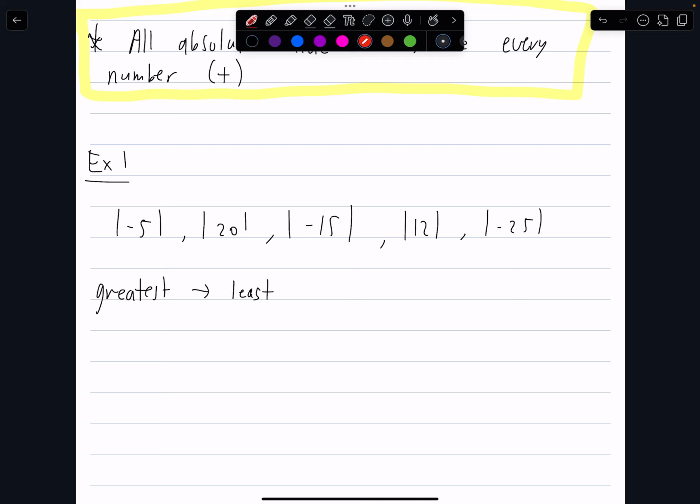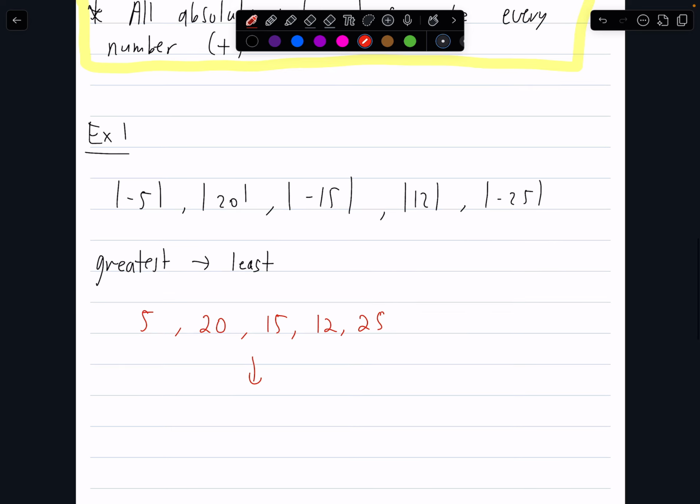So the way we would do that is we'd look at these numbers and we'd say, okay, negative 5 is just going to be 5. 20 is already positive, so it's just going to be 20. Negative 15 is going to be positive 15. 12 is going to be 12, and then negative 25 is going to be positive 25. Now that I got all these numbers from the absolute value, now I'm just going to arrange them from greatest to least. So 25, 20, 15, 12, 5. And then this right here will be your answer.